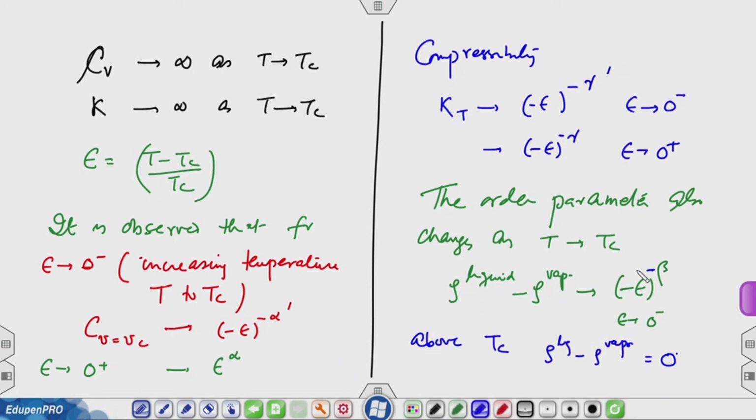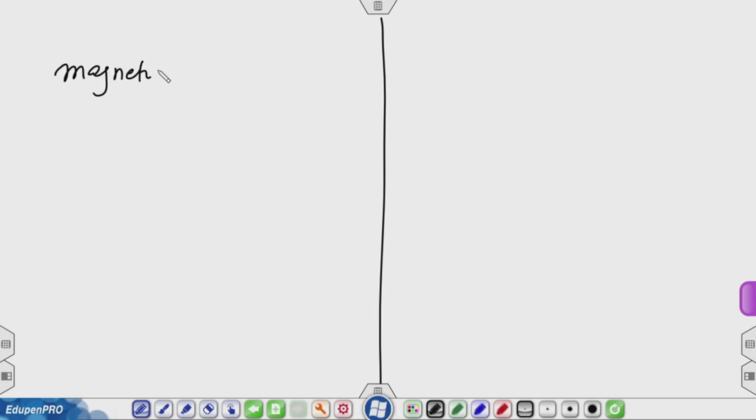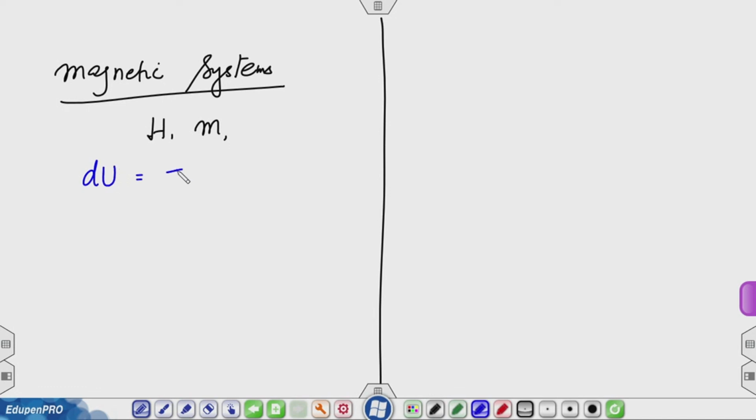Now, in the same manner as we did for gas, you can also see the magnetic systems. In magnetic systems, what you have is H, the magnetic field, and M, the magnetic moment. So, in this case, you have dU equals T dS plus H dM.